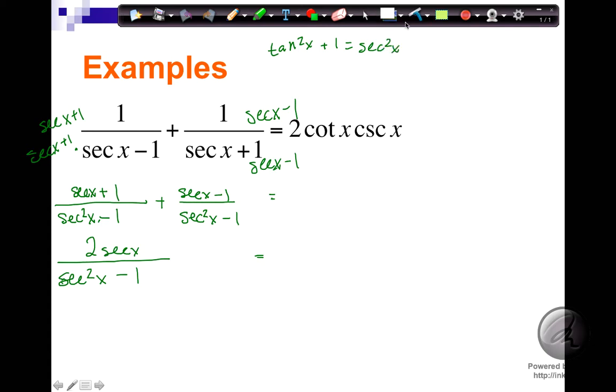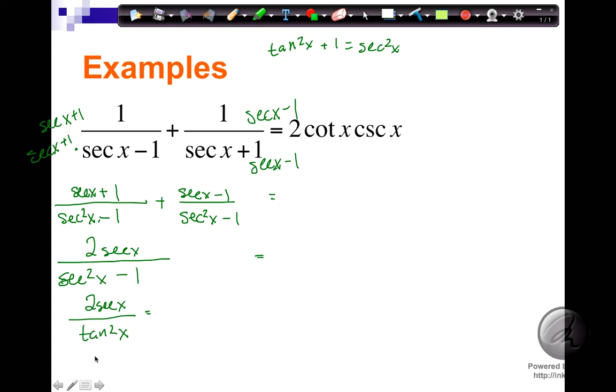So if I subtracted 1 from both sides, I would get secant squared minus 1 equals tangent squared. All right. Now that still doesn't look like our answer. So we got to figure this out.